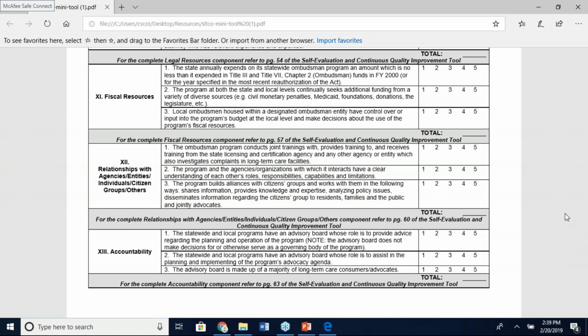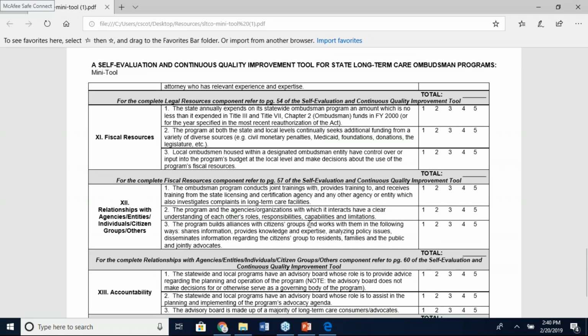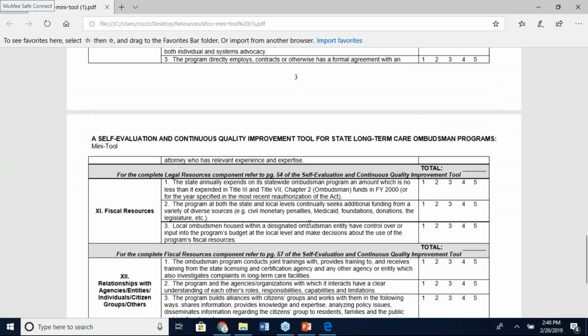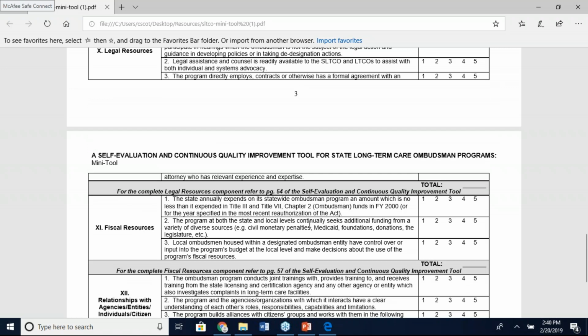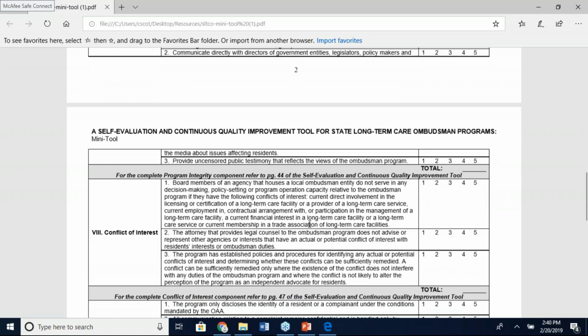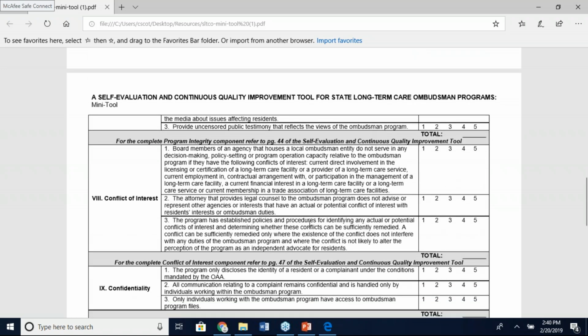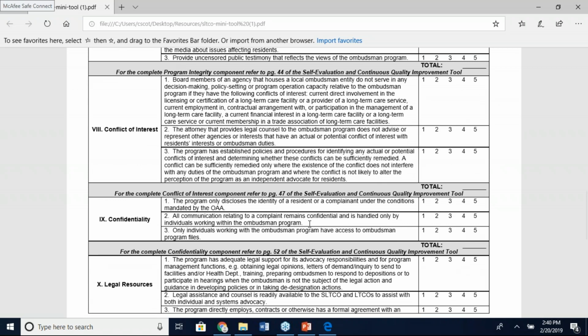I have scores that range across the board. I was actually happy to do this again and feel pretty good. I pulled out previous tools that I've evaluated myself on in the past and saw some improvements. One of the things I really noticed was an improvement for me was in the area of conflicts of interest and confidentiality, on page 3. I scored all 5s for myself on that.